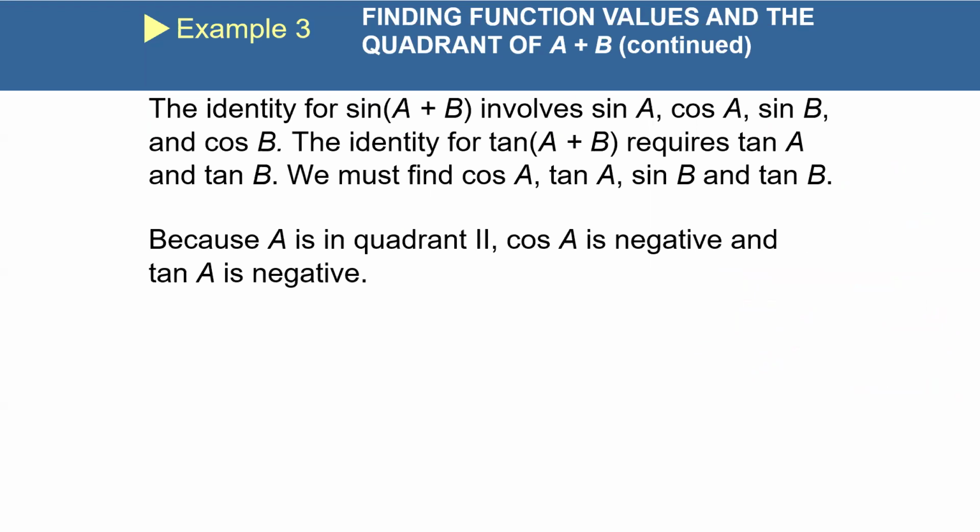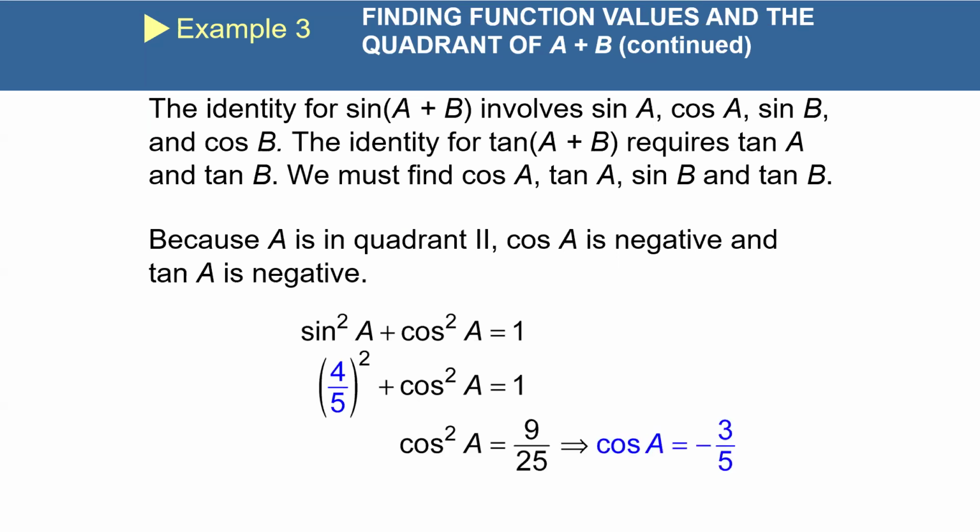So we know that A is in quadrant 2 and cosine A is negative and tan is also negative. So you could go through the whole thing with sine squared plus cosine squared, you can use your Pythagorean identity to find your cosine, or you could do what we did using our right triangle trig to find our cosine. Either way, it's perfectly fine.